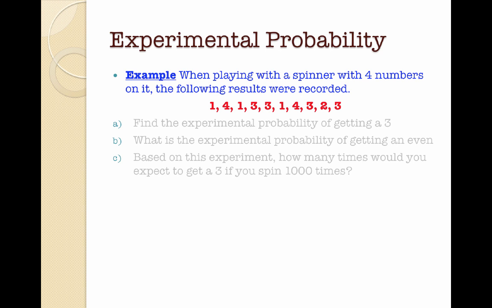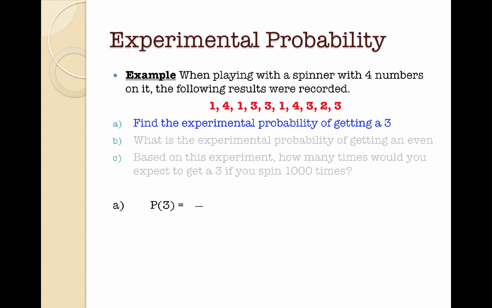When playing with a spinner with 4 numbers on it, the following results were recorded, and we have there 10 numbers. We're going to try and find the experimental probability of getting a 3. Well, the probability of getting a 3 is going to be a fraction, and that fraction is going to have a numerator that has the number of 3's at the top and the number of numbers down the bottom.